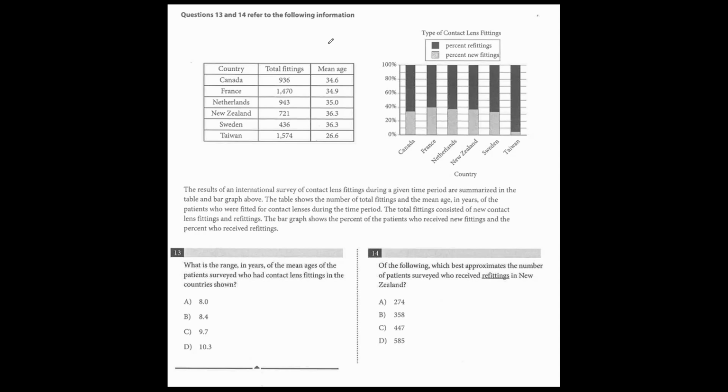So for this column, we take the highest value, which is 36.3, minus the lowest value, which is 26.6. So 36.3 minus 26.6 is equal to 9.7, which is answer choice C. Okay, question 14.